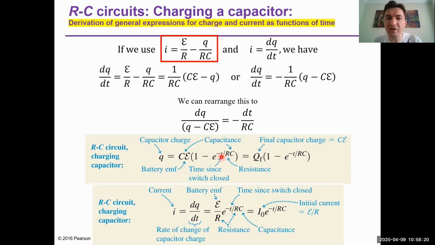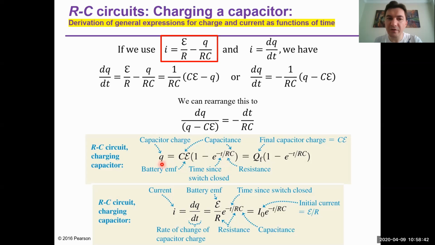The only changeable parameter here is time, okay? Look at this one. This is e to the power of minus a certain number. If you increase the time, this term will decrease. If you further increase the time, this term will further decrease, and finally it will go to 0.